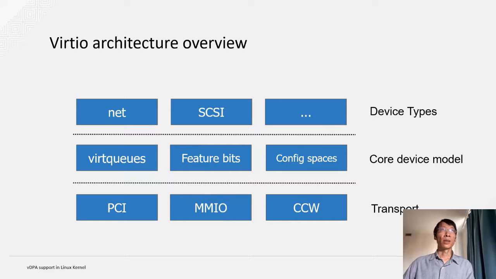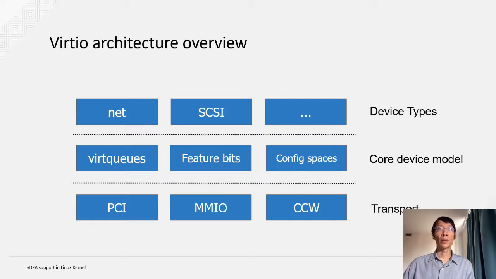So here is the virtio architecture overview. You can see that the virtio architecture could be split into 3 layers. In the upper layer, virtio defines several different types of device, for example networking device, SCSI device, block device, etc. In the middle is the core device model, which could be split into the definitions of the virtqueues, feature bits, and config space.